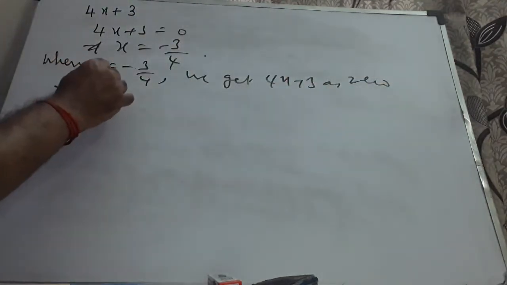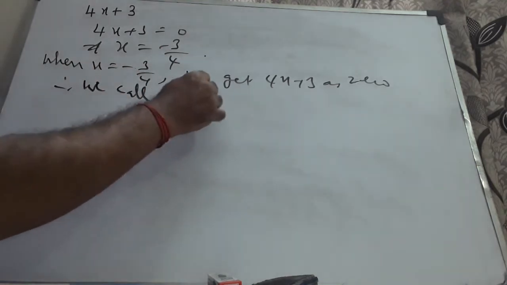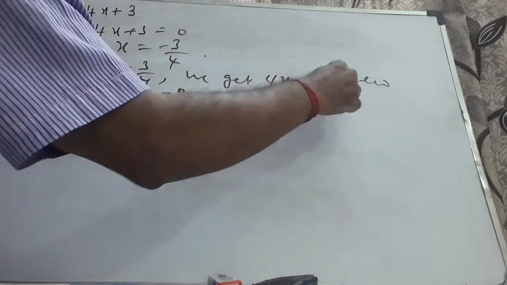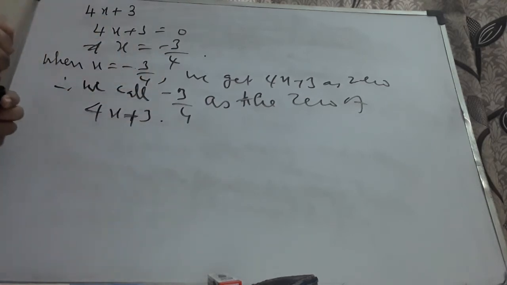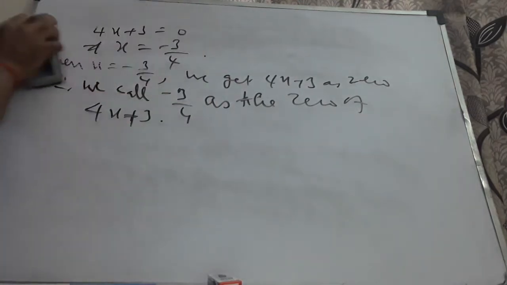Therefore, we call minus 3 by 4 the 0 of 4x plus 3. That is, the value of x for which the particular expression becomes 0 is known as the 0 of the polynomial. I repeat, the value of x for which the polynomial becomes 0 is known as the 0 of the polynomial.